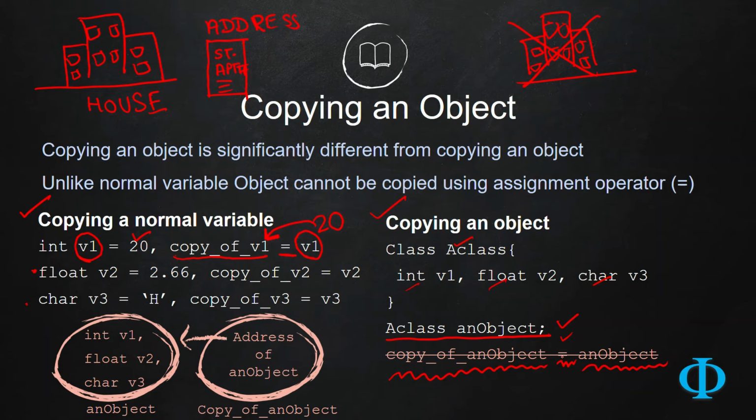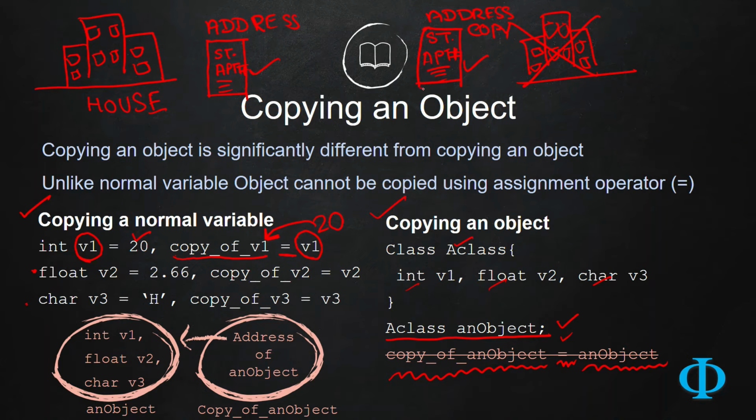When you are using this assignment operator, this basically creates a copy of the address: street, apartment number, and all other different things. So it just makes another copy of the address, and that is it.